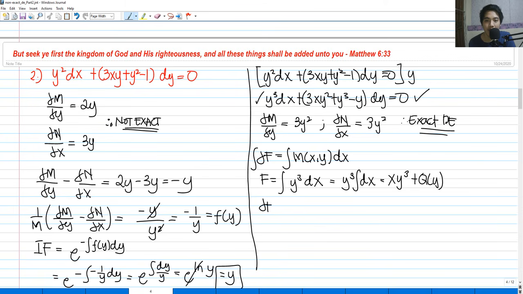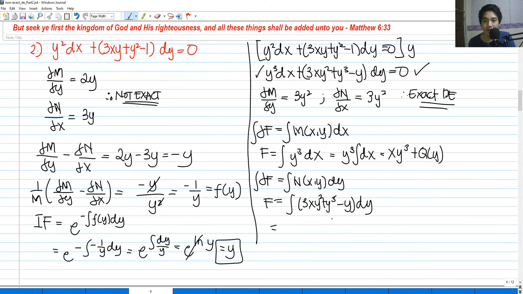How about the other f? So we have integral of n in terms of xy, dy. Integral of n is 3xy squared plus y cubed minus y, dy. We are integrating with respect to y, so I can factor out all the values of x and the constant.